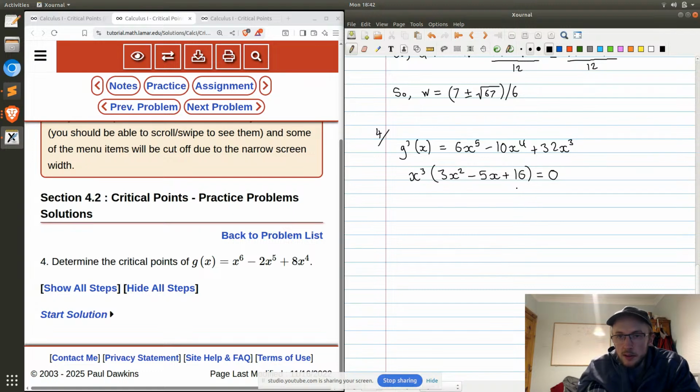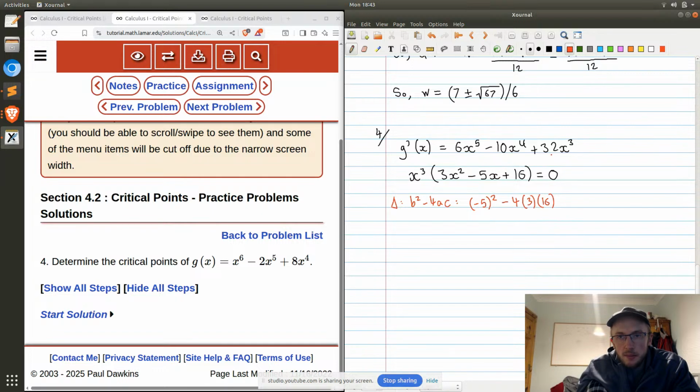It's not evident to me that that can be factored, so I have to apply the discriminant, or determine the discriminant rather, which is b squared minus 4ac. So minus 5 squared minus 4 times 3 times 16. And let's see, have I made an arithmetic error again?